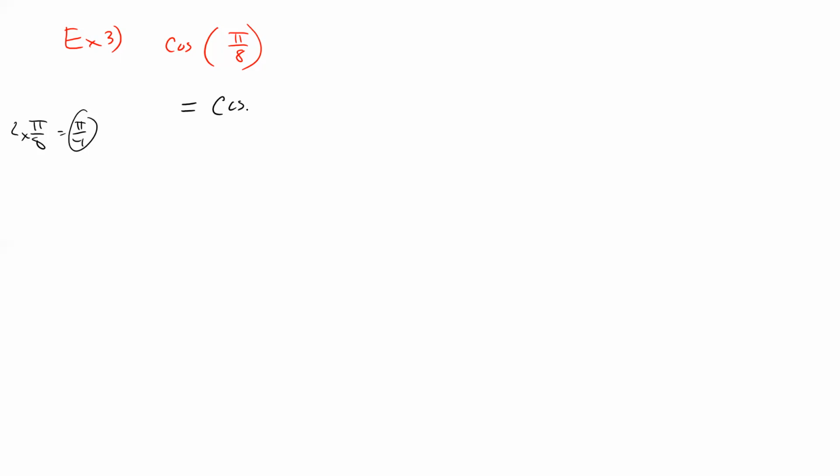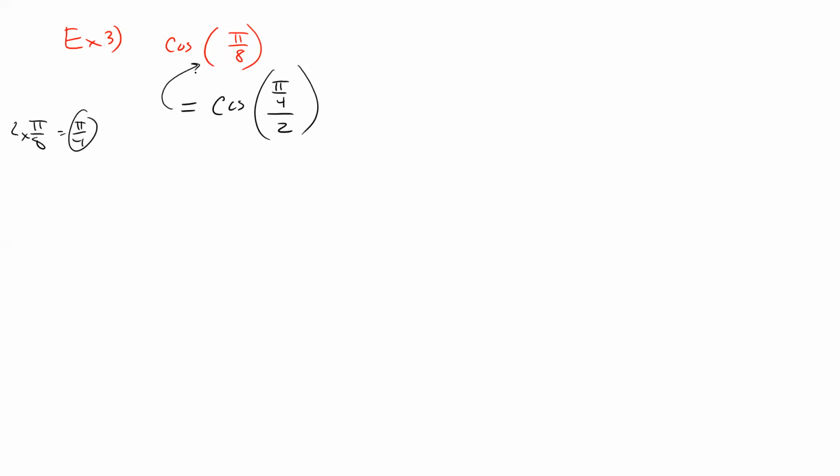Oh, okay. I get it. And so now this would be pi over 4 divided by 2. Tell me if that makes sense to you guys here. Wait, why are you dividing it by 2? Because I want to get back to pi over 8.